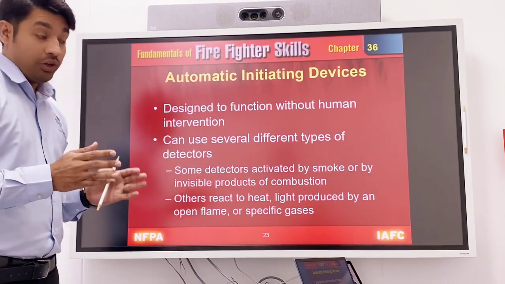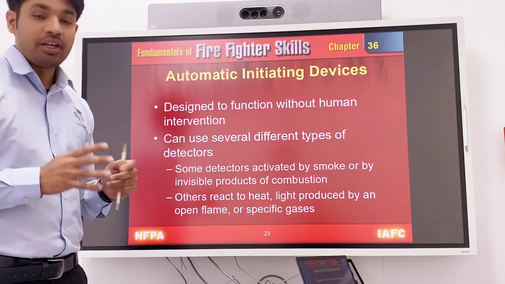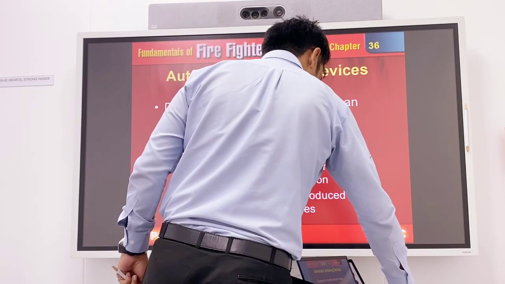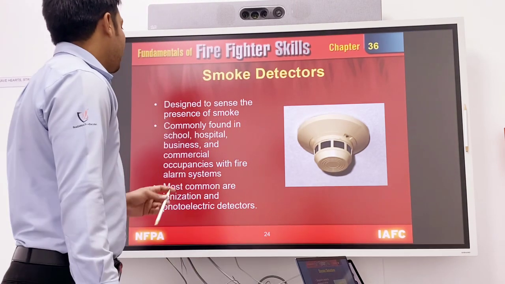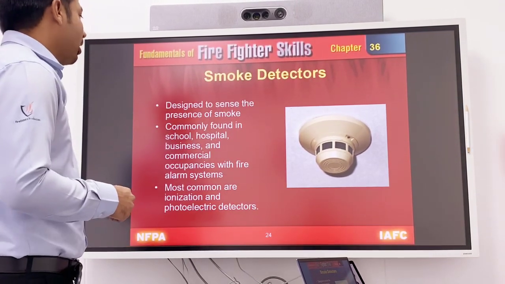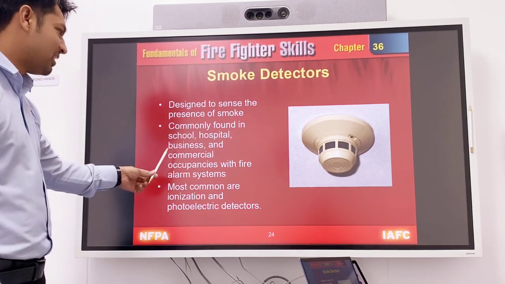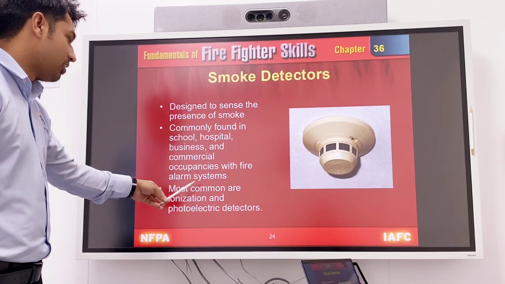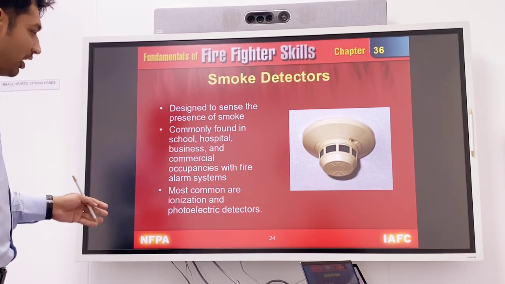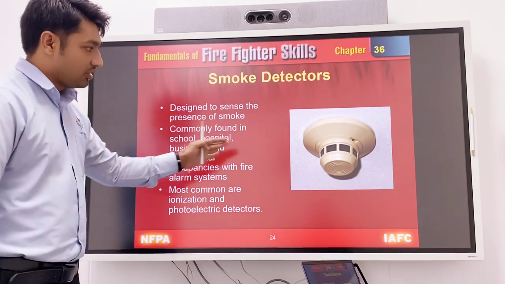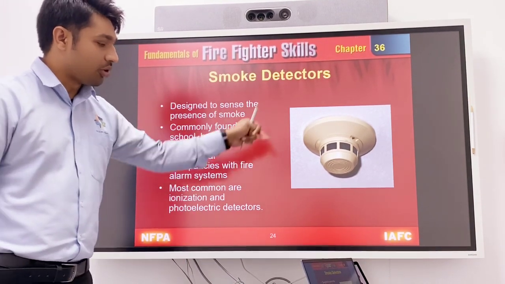Smoke detectors are designed to sense the presence of smoke and are commonly found in schools, hospitals, businesses, and commercial occupancies with fire alarm systems. The most common are ionization and photoelectric detectors. We have already discussed this smoke detector.